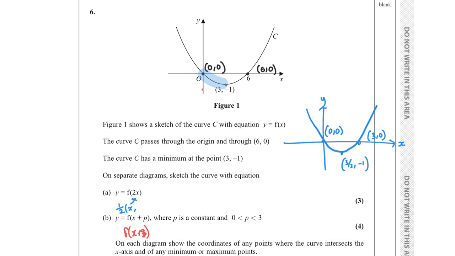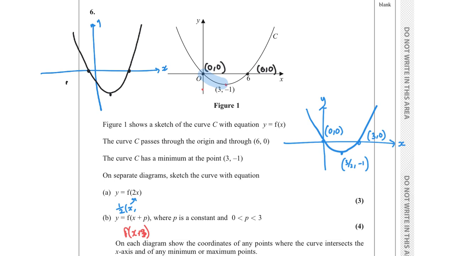So here's my x and y. I'm just going to shift it slightly. Okay. So my coordinates are now going to be, all of my x coordinates have a p taken away.